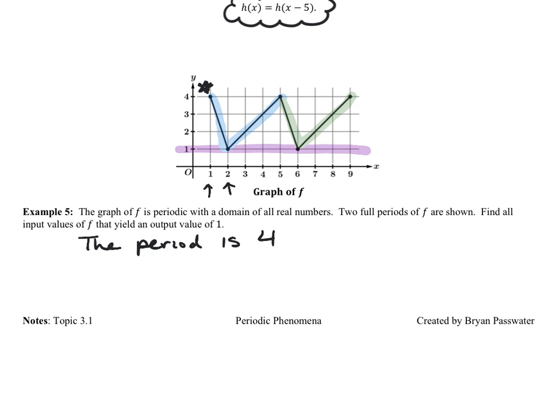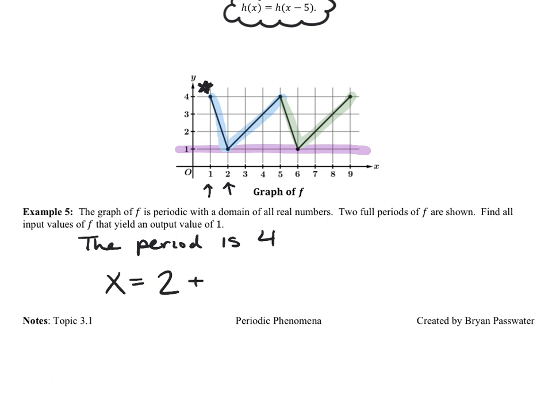So we're going to say that all of the values of x are going to be starting at the number 2 and then repeating every 4 units. Because 1, 2, 3, 4 units away from 2 is 6, and that's the next time that we get the number 1.